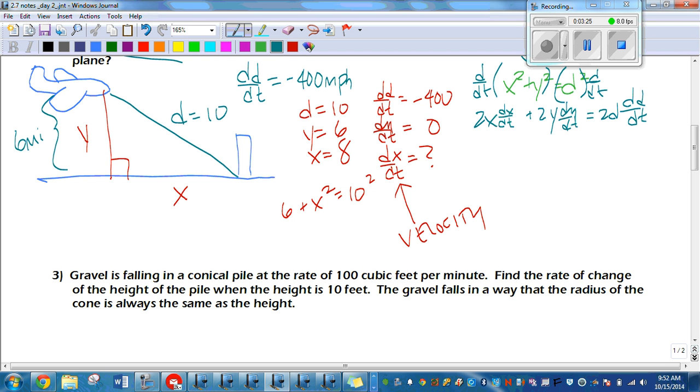So we can substitute those values in now to figure out our dx/dt. We have 2 times 8 times dx/dt plus 2 times 6 times 0 equals 2 times 10 times negative 400. So we get 16 dx/dt equals negative 8,000.